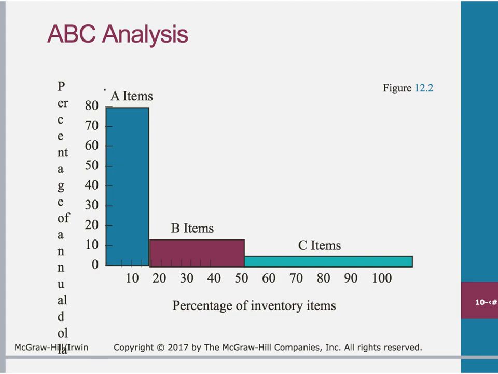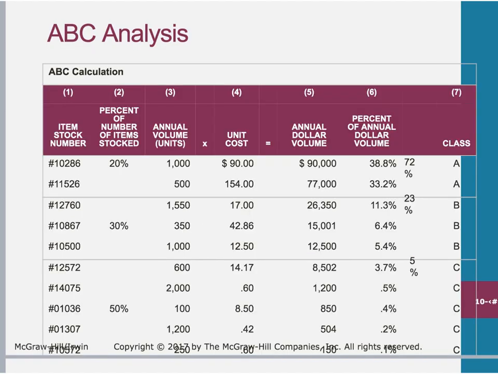The B SKU represents the next 15%, and your C SKUs are the bottom 5%. So A SKUs, the top 80% of revenue, then the next 15%, those are B SKUs, and then the bottom 5% of revenue, those are C SKUs.